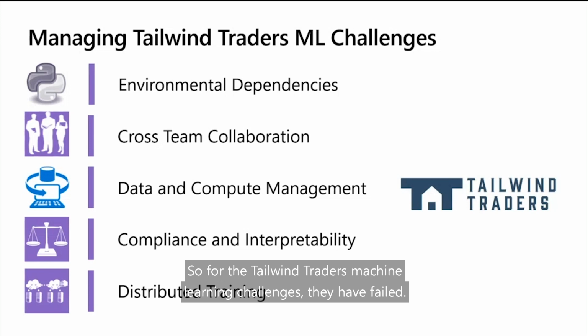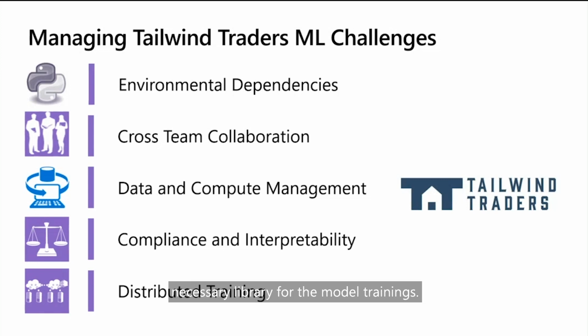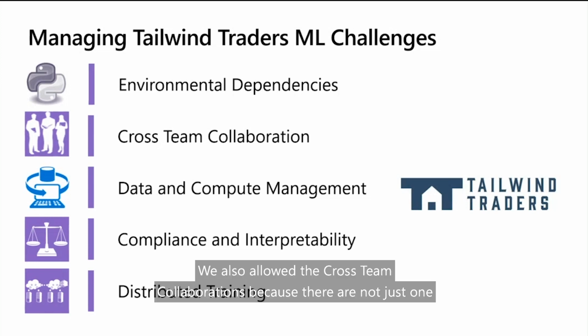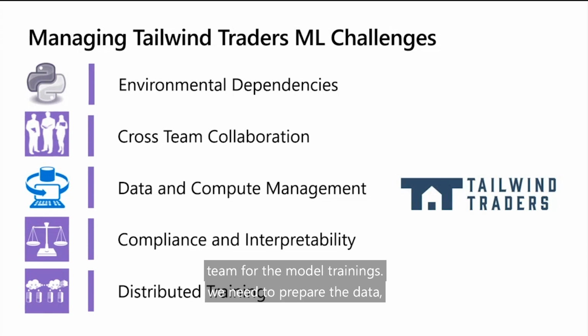So for the Tailwind Traders machine learning challenges, they have environmental dependency because they use a lot of libraries. Obviously, we need a platform able to import all the necessary libraries for the model training. We also need to allow cross-team cooperation because it is not just one team doing the model training.